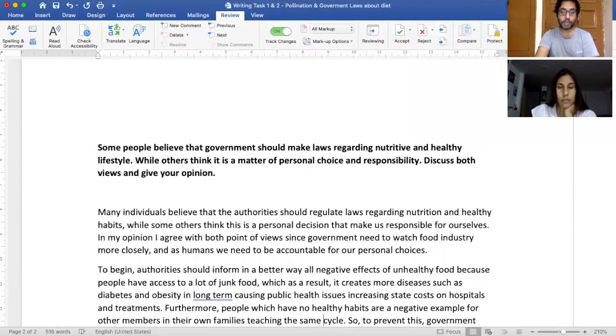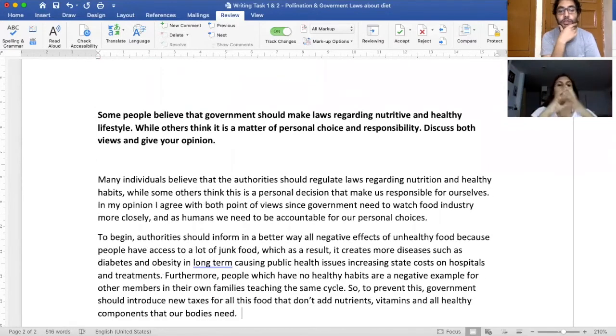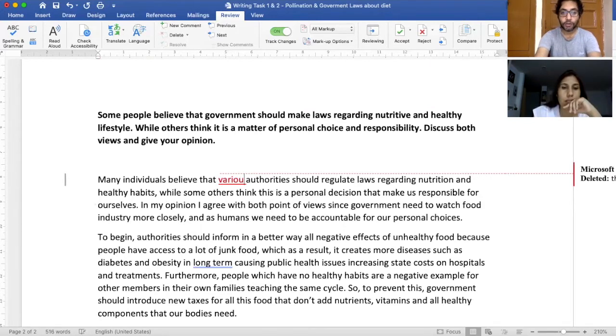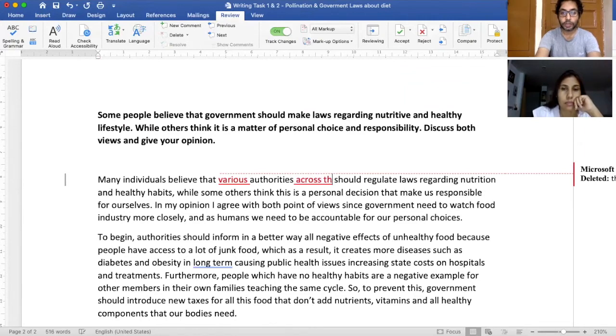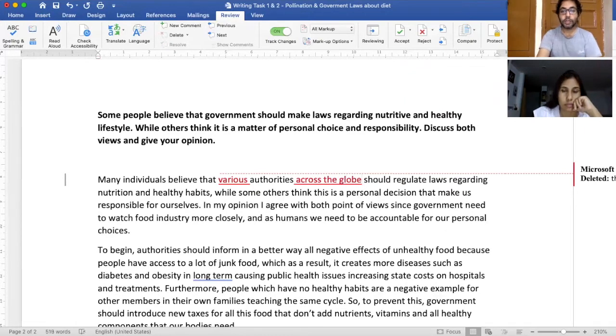Next one. Many individuals believe that the authorities, which authorities? The is specific. Various authorities across the globe should regulate laws regarding nutrition and healthy habits, while some others think this is a personal decision.